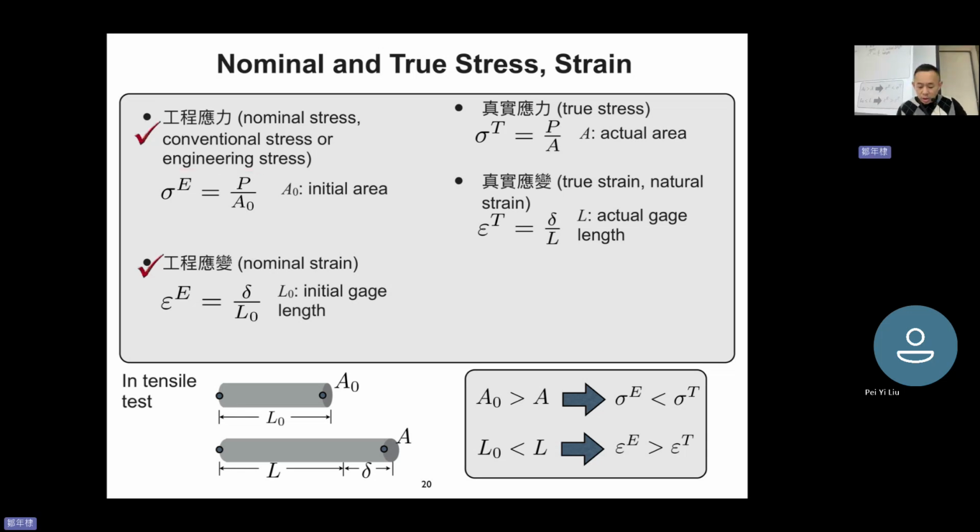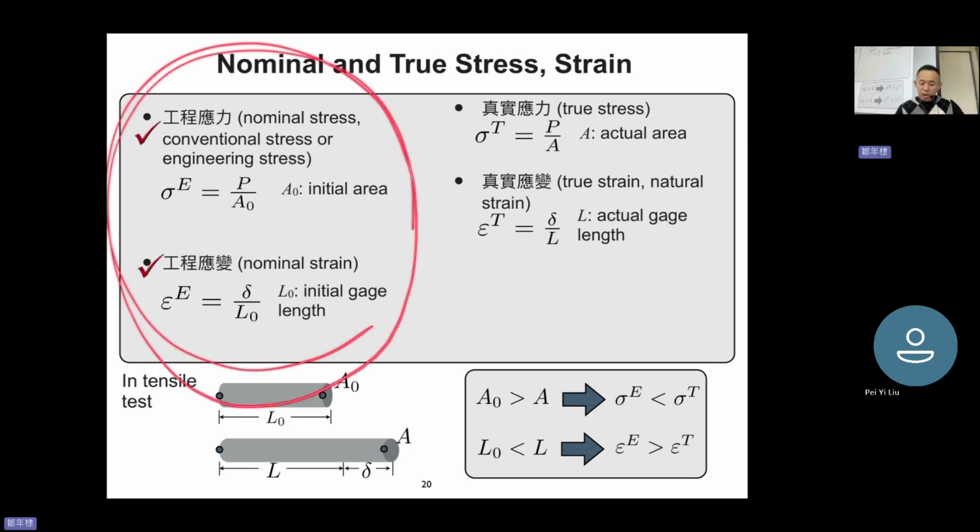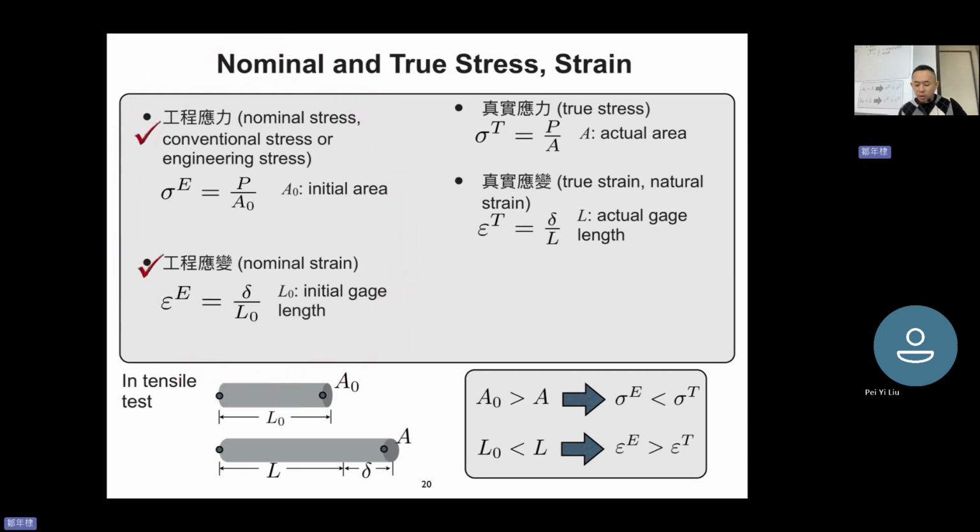When we talk about sigma, previously we wrote sigma equal to P divided by A. Normally in our course we only talk about engineering stress or engineering strain, what we call nominal stress or nominal strain, because it's easier.